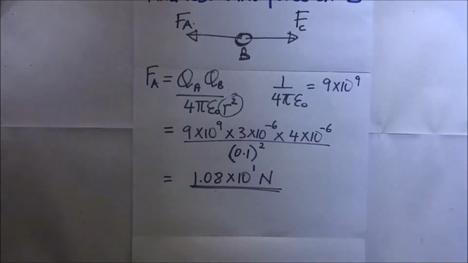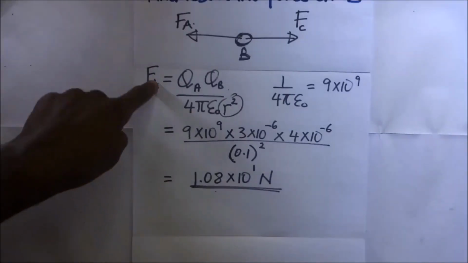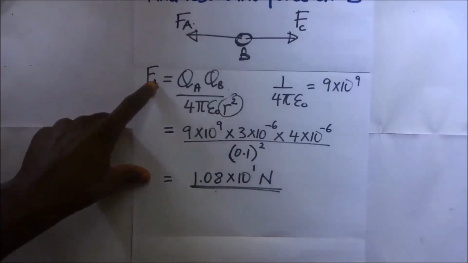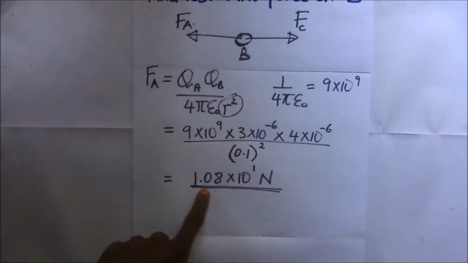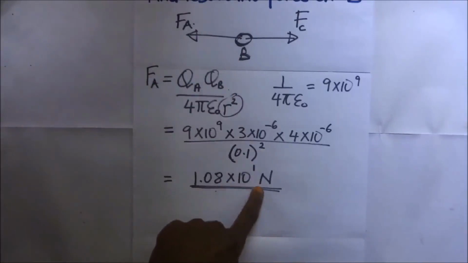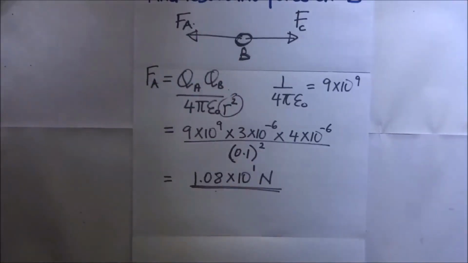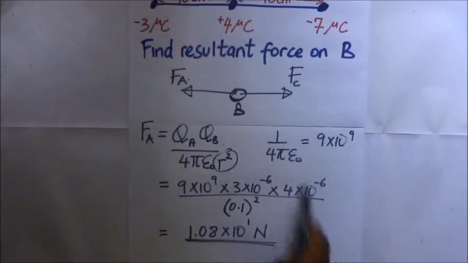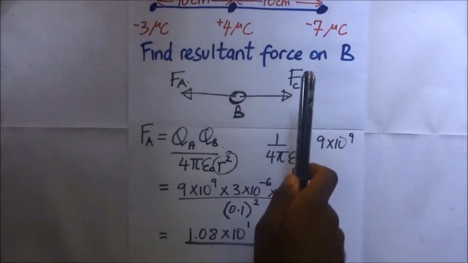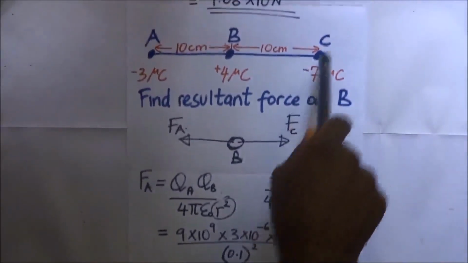So that is the force of attraction due to charge A. It means that charge A is attracting B by a force of 1.08 times 10 to the power 1 newtons in that direction.